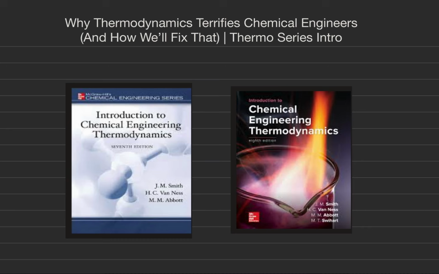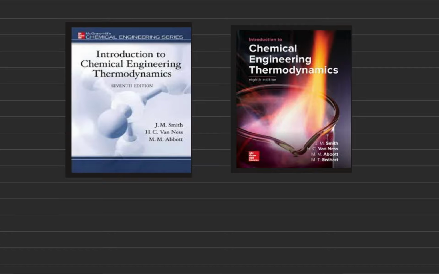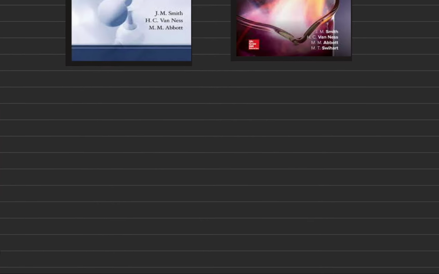So, again, we're going through Smith, Van Ness, and Abbott's Introduction to Chemical Engineering Thermodynamics. We're going to break this up similar to how a university would into 2 semesters. Not that on YouTube that makes any difference. So let's just go ahead and write out what those semesters are going to look like.